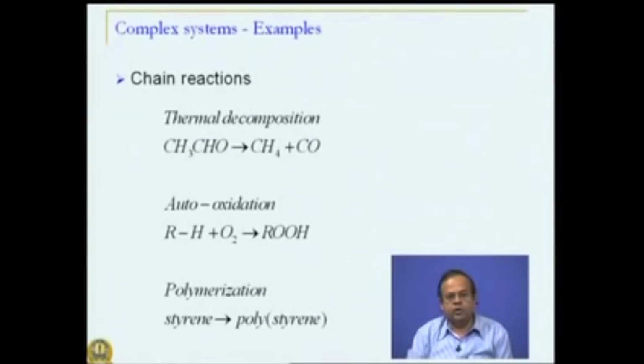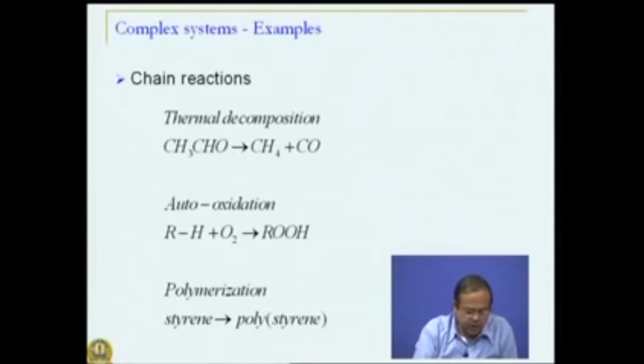Now, on the face of it, these reactions may appear simple. Take the example of acetaldehyde decomposition. One could argue that this is a fairly simple example, where you have one molecule of acetaldehyde giving rise to one molecule of methane and one molecule of carbon monoxide.